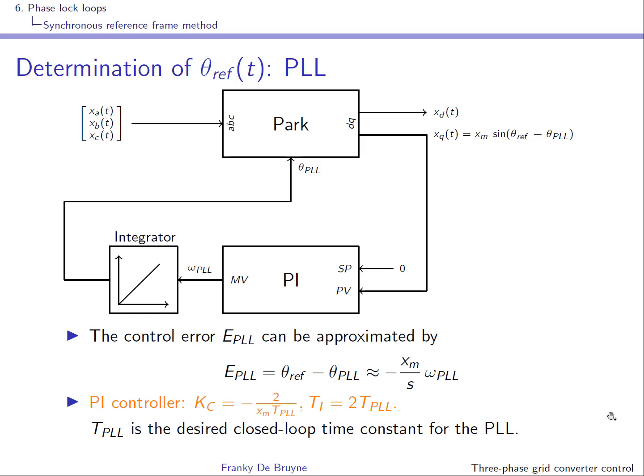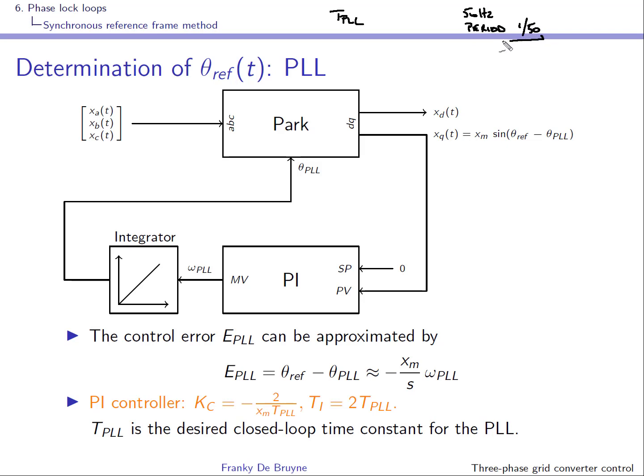What has still to be determined is TPLL, the desired closed loop time constant for the PLL algorithm. You know that you're working with signals that are at 50 Hertz, so you have a period of 1/50.